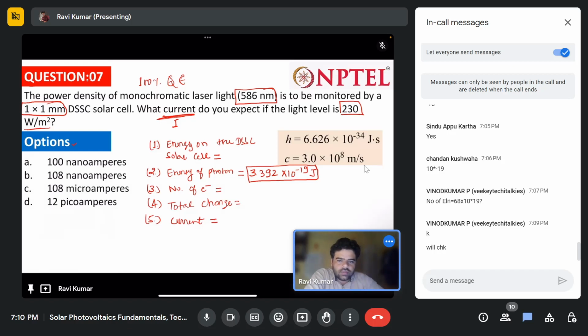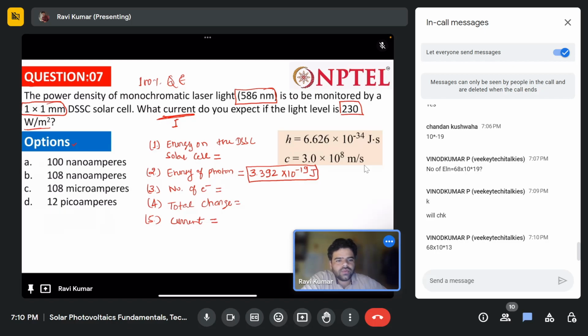What about Chandan? Step 3. Step 1, you know you are wrong in terms of this exponential or power of.